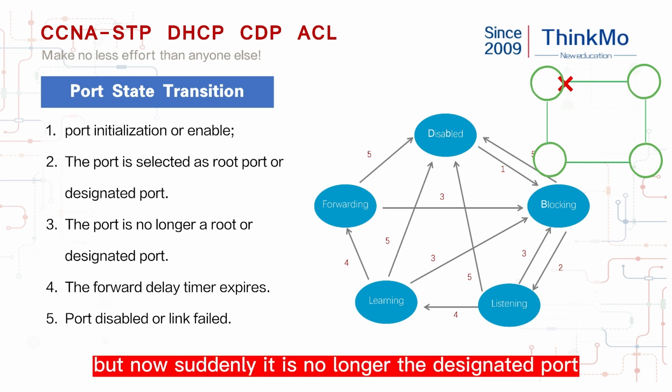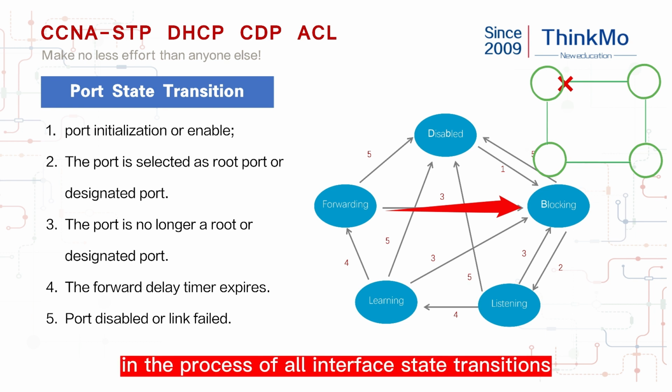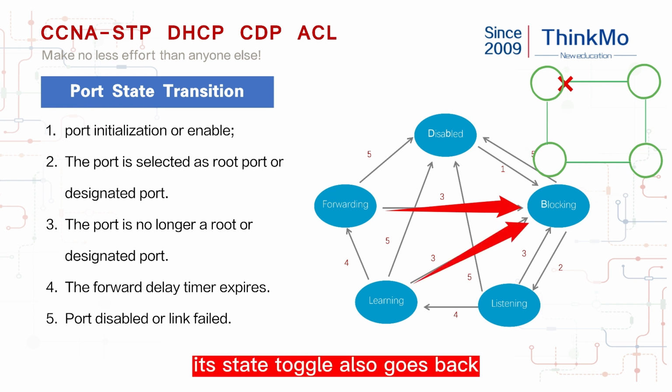But now suddenly it is no longer the designated port. It becomes a blocked port. It becomes blocking. And if in the process of all interface state transitions, it is no longer root, or manually adjusted, its state toggle also goes back. You will find it's a simple matter of a moment to go back.